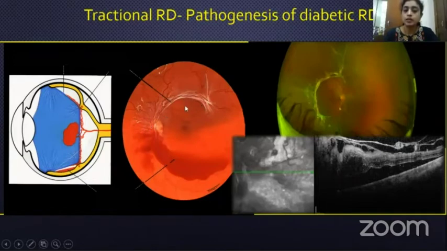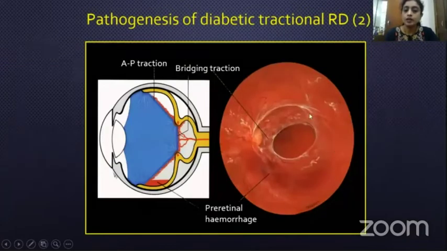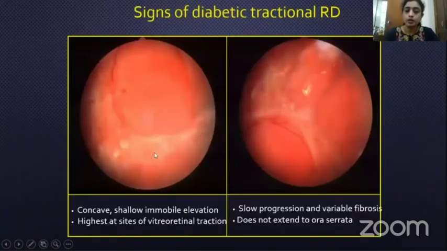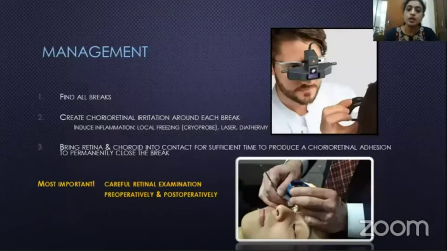Initially there will be tangential traction, then anteroposterior traction, and between the arcades, that is the bridge traction. So the fundus appears as a concave retinal detachment, which is immobile, highest at the site of vitreoretinal traction, slow in progression with variable amount of fibrosis, and does not extend to the ora serrata.